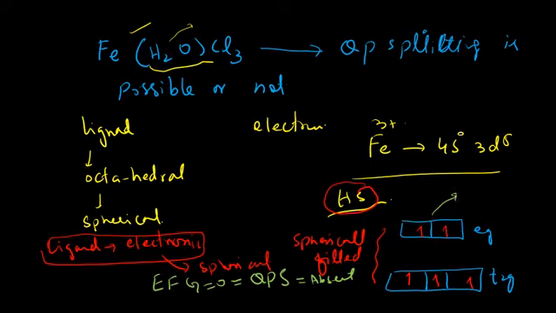So the corresponding Mossbauer spectrum for this case will be a singlet. We can observe only one signal because there is only one transition between the ground state and excited state of the nuclear energy level.